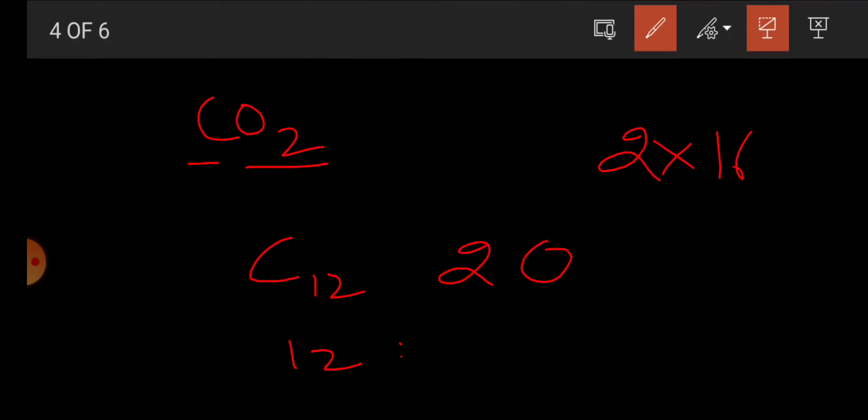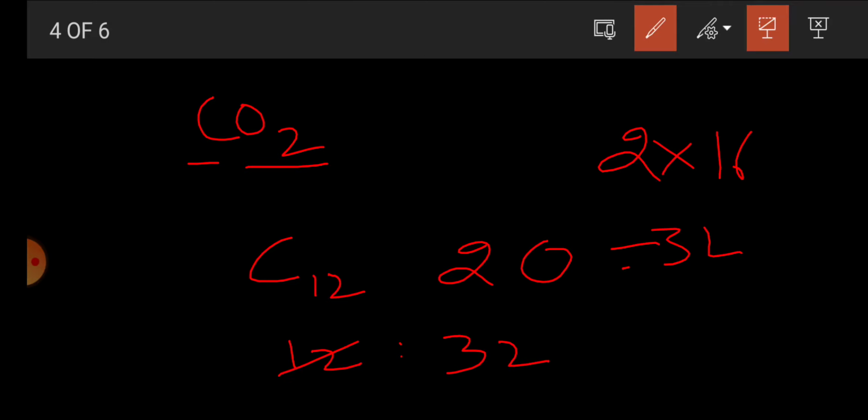So the weight of one carbon is 12, and what will be the weight of two oxygen? 2 multiplied by 16, it should be 32. So you can write here 32. So here is 12 ratio 32.